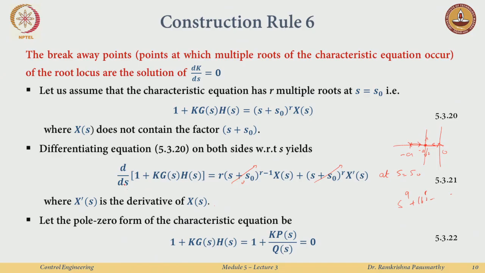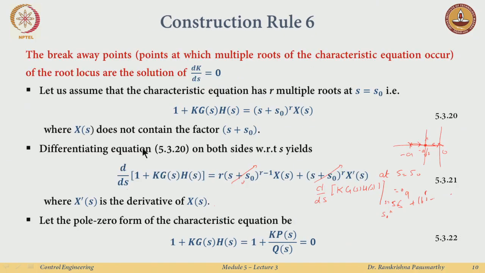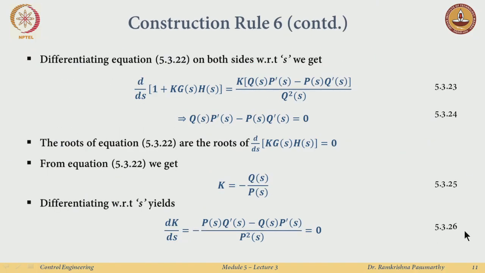So d over ds of k g s h at s equal to s naught is 0, where s naught comes with multiplicity r. So that is what this means. Right? So the roots of this equation are the roots of this.